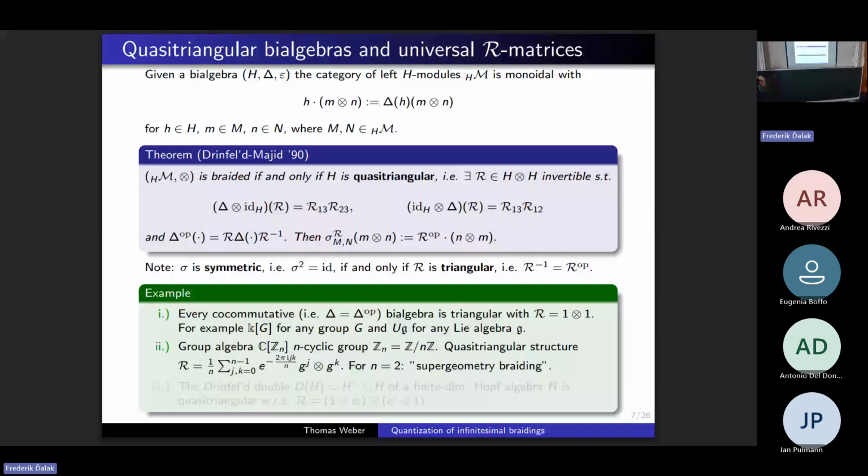So for n equal 2, this will give you, for example, the super geometry gradings. This tells you if you flip the two graded objects, you get the Koszul sign that you know from graded geometry. And this is the R matrix structure that's in the background.